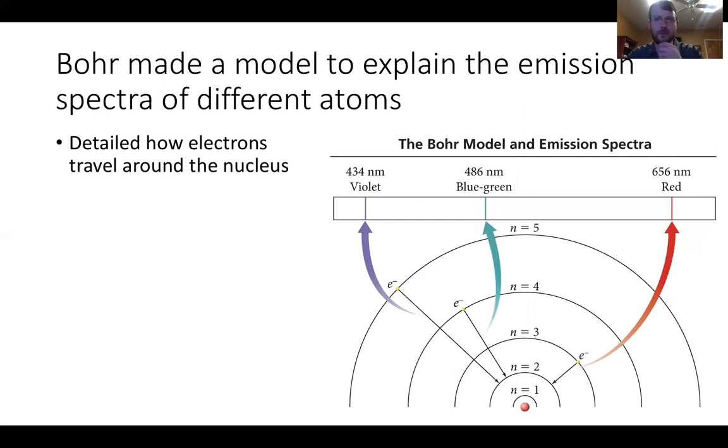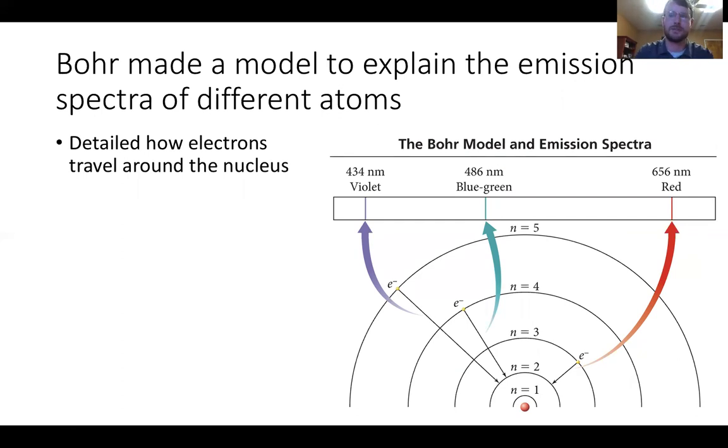When scientists tried to explain why they see these different spectra, physics could not explain it. And so this guy named Niels Bohr comes along, and he made a model to explain the different spectra of atoms. He says there are electrons in these different concentric circles.